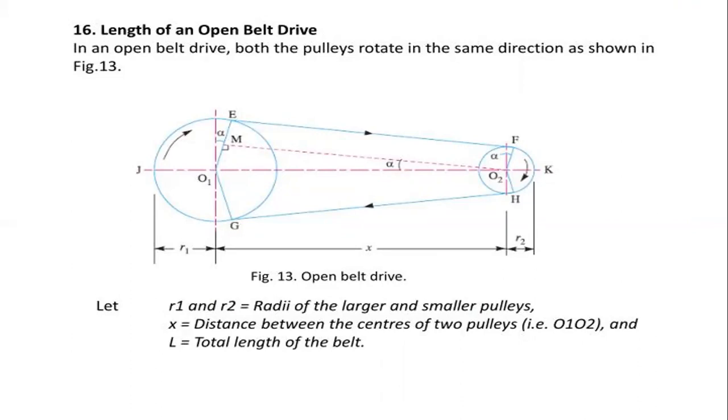So, let x be the displacement or the distance between the two axes of the pulleys, and R1, R2 are the radii of the driver pulley and driven pulley respectively.